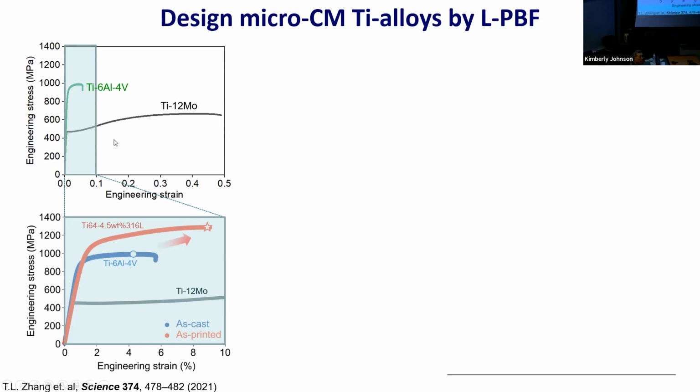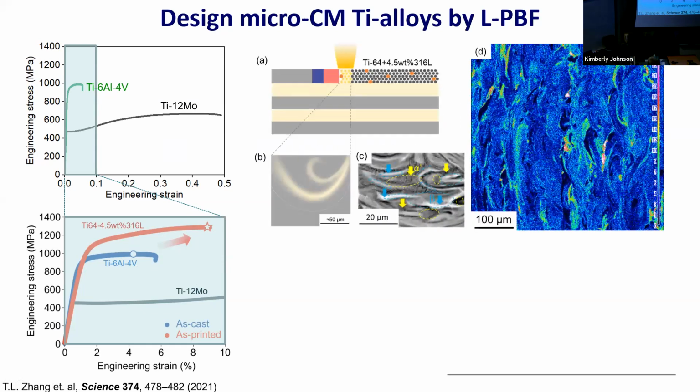So our goal is to use this composition modulation to create titanium alloys which allow us to push the strength higher and also have a decent amount of work hardening and uniform elongation. So that's the goal.